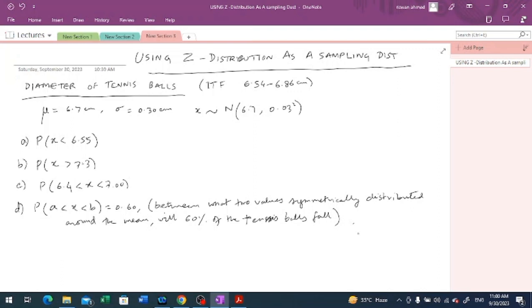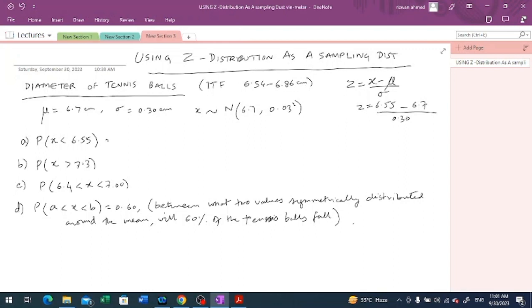Now let's start with the working. We will be using the same formula to get each value of x transformed to z. Taking the very first part, the given value of x is 6.55. We take the mean value of 6.7 subtracted from this and then divide by the standard deviation value.